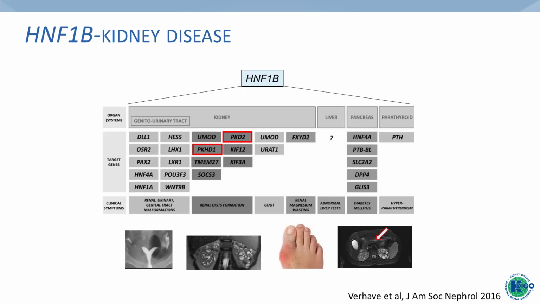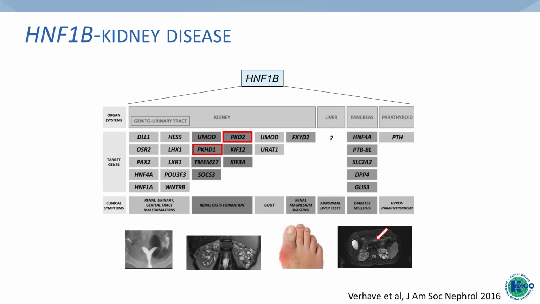Pathogenic variants of HNF1 beta can cause a multi-system phenotype, including diabetes, hypomagnesemia, urological malformations, elevated liver enzymes, and early onset gout. Some HNF1 beta patients may present with bilateral polycystic kidneys, phenocopying ADPKD.